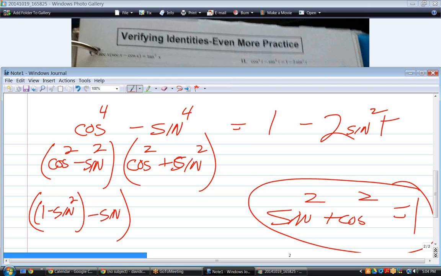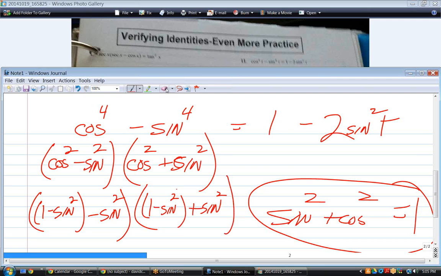Minus sine squared. And over here, well, that's the sum of squares, which we can't really do anything with, but we can replace the cosine squared with 1 minus sine squared plus sine squared.